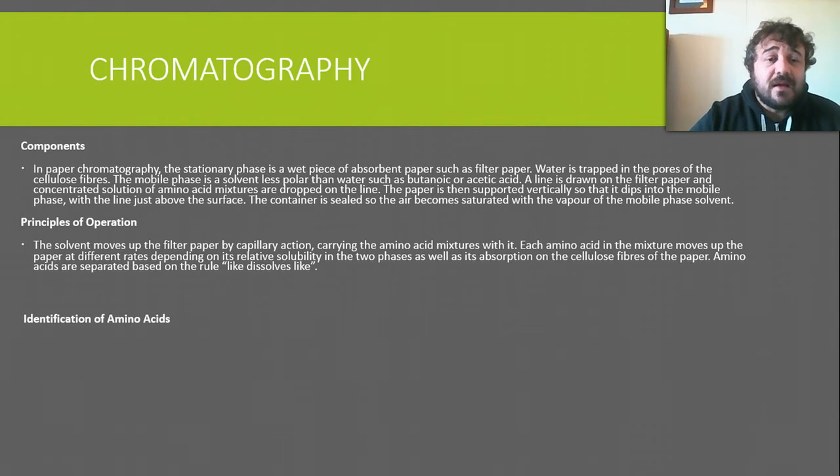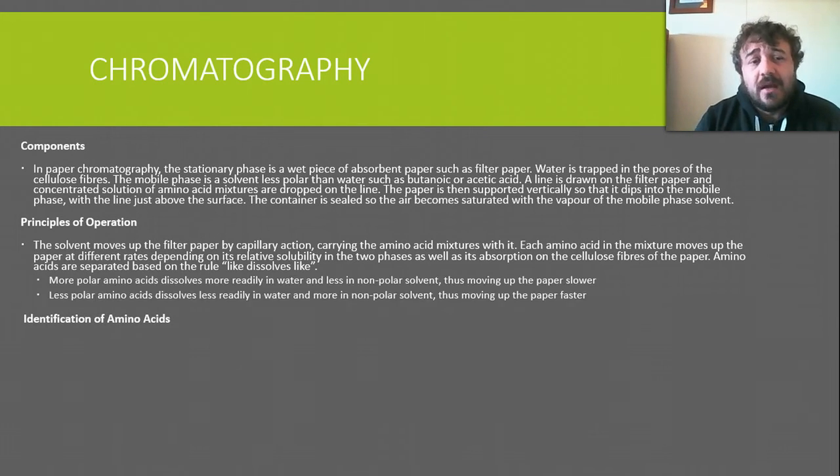It moves up the paper by capillary action, as we said, and carries the amino acids. Each amino acid in the mixture moves up at different rates, relative to its solubility in the two phases and how it reacts with the cellulose. It's not as much about size.